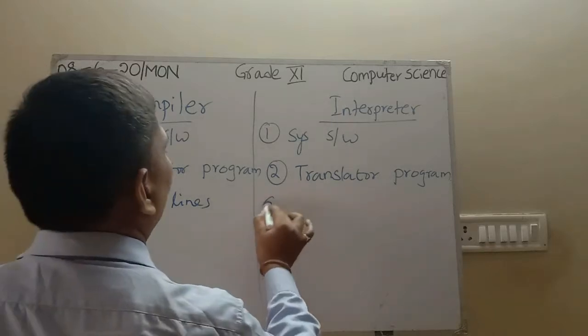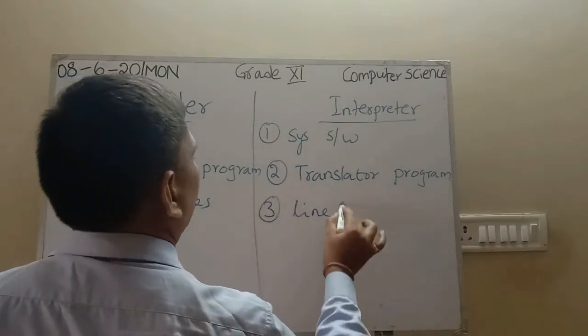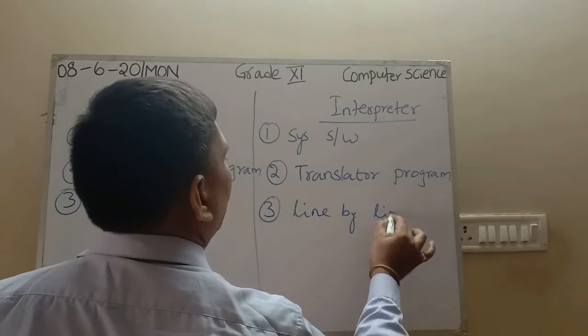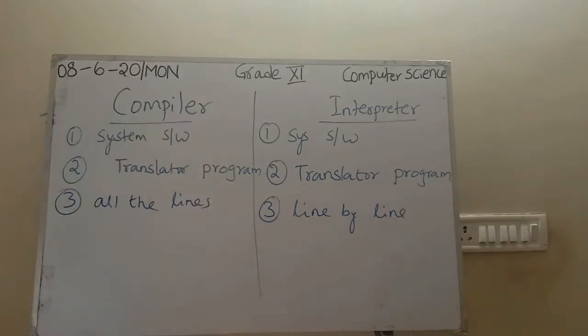Here in the interpreter it is line by line. It takes one line at a time, converts it, and interprets that line from high level language to machine level language.